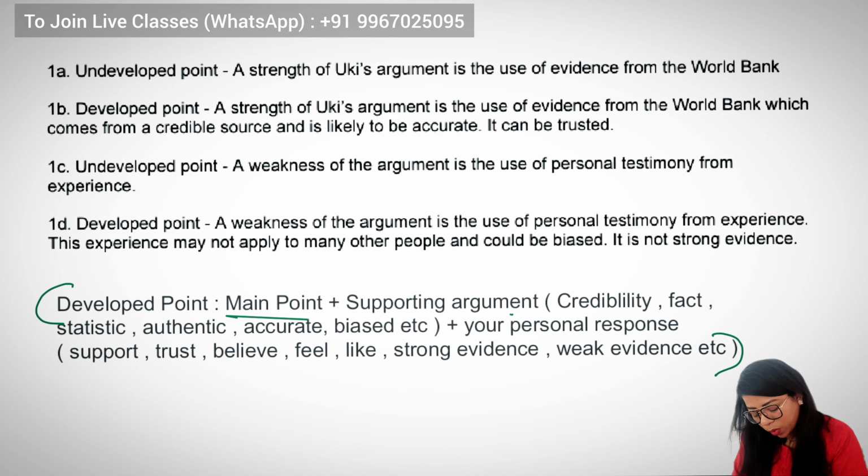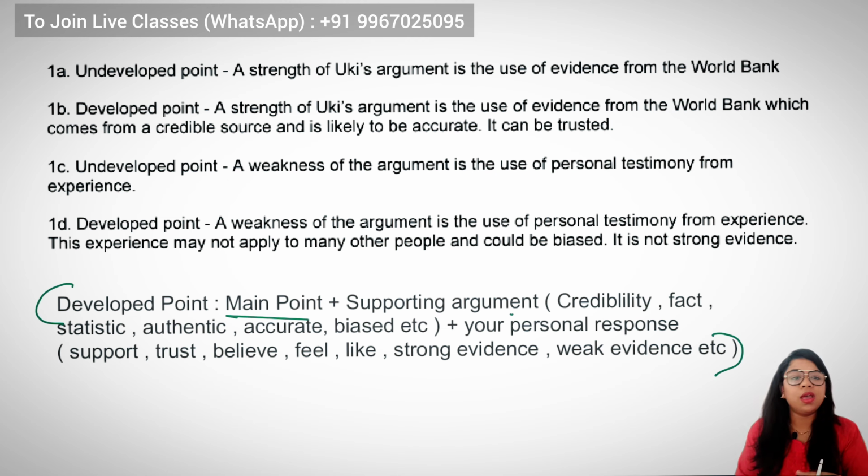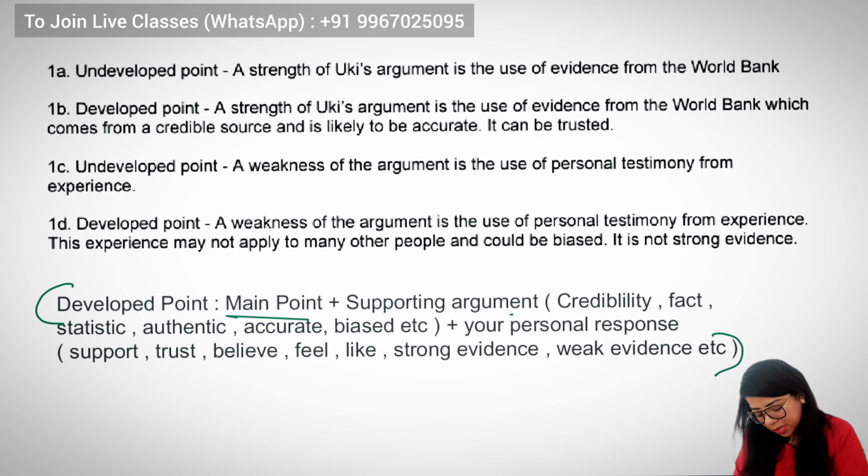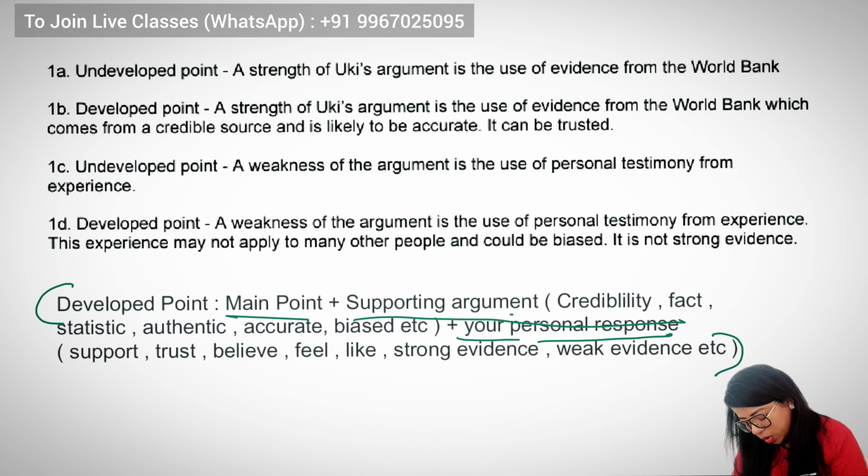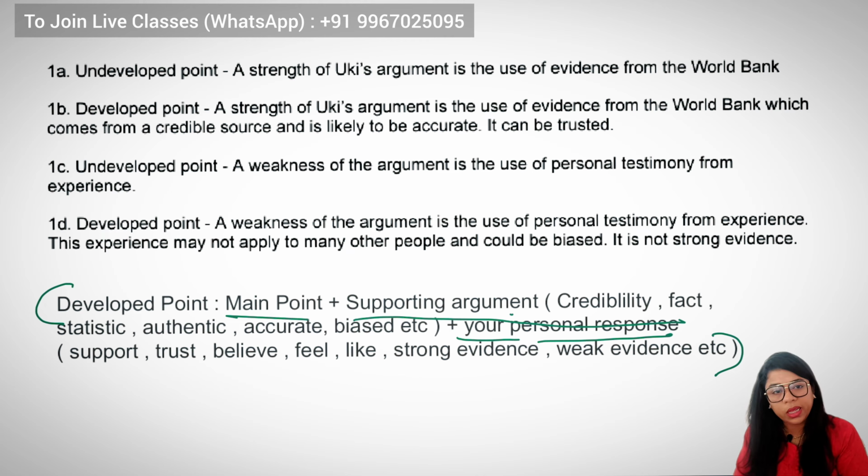Then the supporting argument, which talks about the credibility of the source, facts, statistics, authenticity, accuracy, whether it is biased or unbiased. That is what it talks about. And then your personal response, that is whether you support the source, whether you trust it, whether you believe it, whether you feel it is strong evidence or weak evidence, all of that.